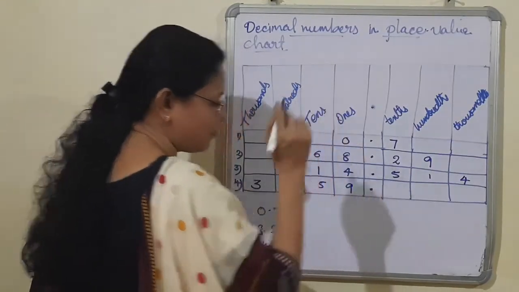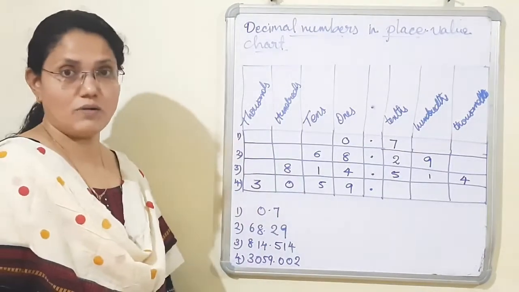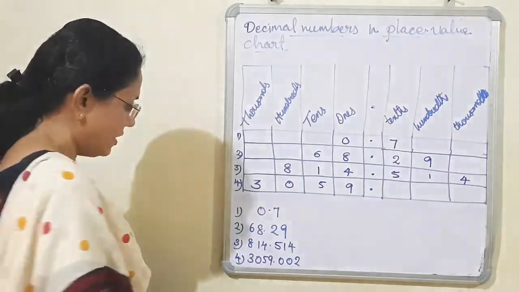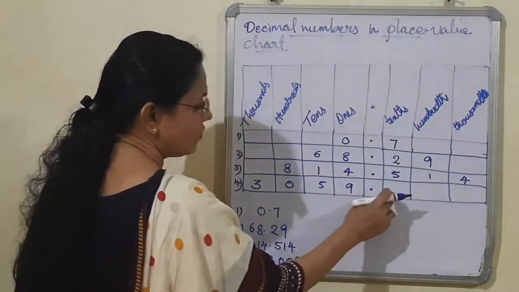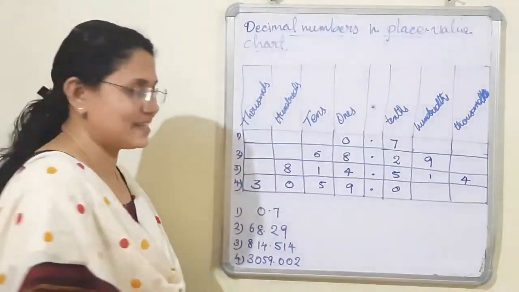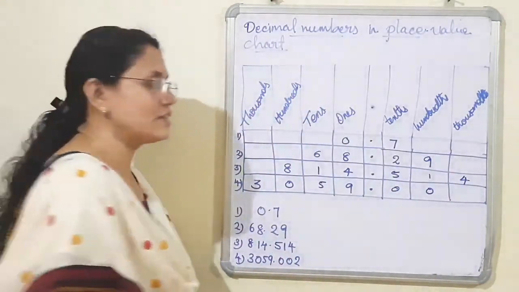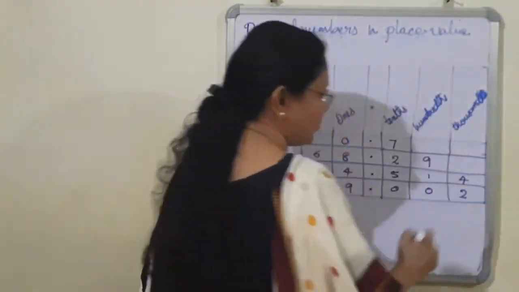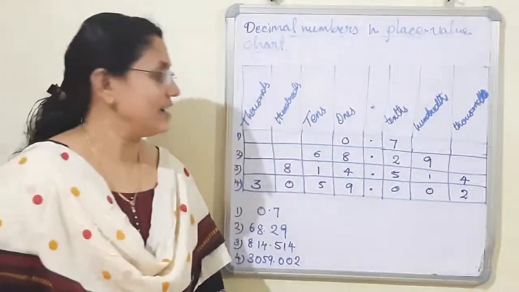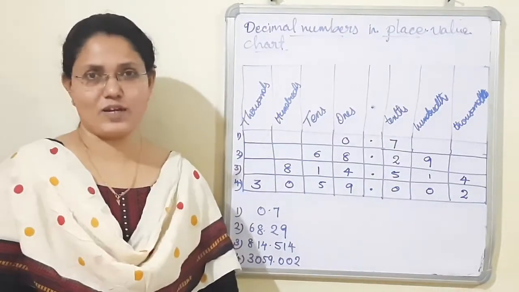Then put the decimal point. After starting, in between this, no column should be blank. Next, ones place 0, tenths place 0, hundredths also 0. Last, thousandths place it is 2. This is the way to represent a decimal number in a place value chart.